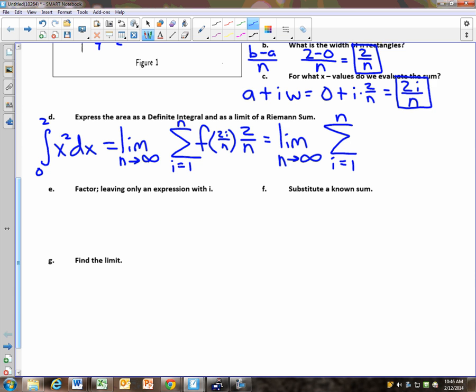Now here's what I got to do. I got to plug the 2i over n into my function. What's the function? X squared. So I got to square that guy. What do you get if you square 2i over n? 4i squared over n squared. Times 2 over n.